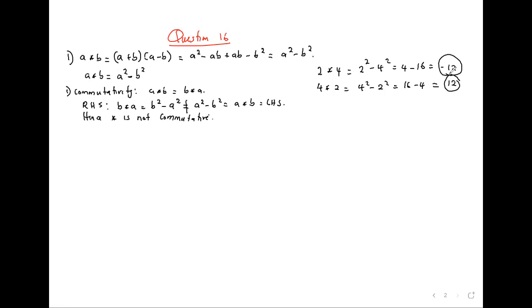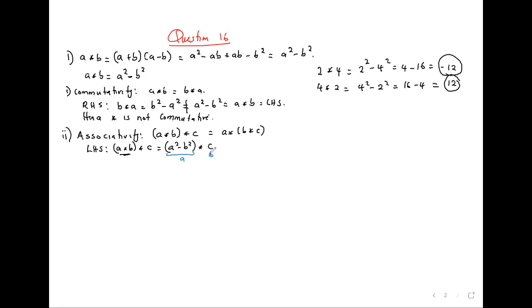Then is it associative? So you say, okay, to check associativity, we must check A star B star C if it is the same as A star B star C. Left hand side, A star B star C. This part is in the question, which is A squared minus B squared star C. So this now has become our new A, just like this guy is our new A in our definition.